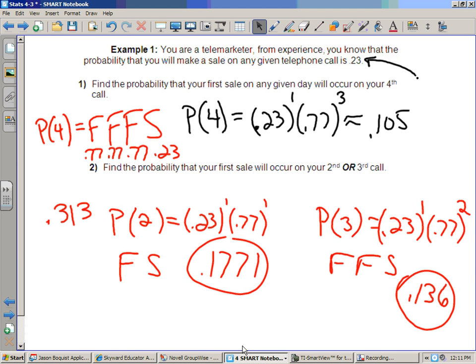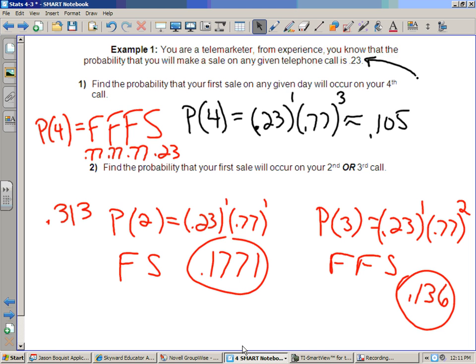So what type of problem could I give you here where that cumulative distribution function would come in handy? Geometric and cumulative. Well, it can't happen on both. Your first success can't be on the second and third call.